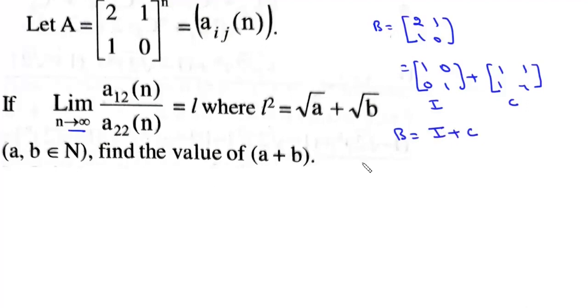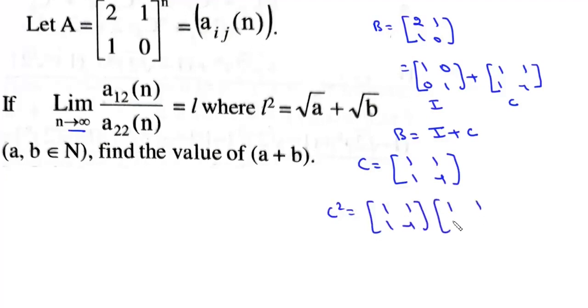So now we have this matrix C, which is [1 1; 1 -1]. Now we find C square, which will be [1 1; 1 -1] times [1 1; 1 -1]. Now we multiply. We'll get 2, 0, 0, and then 2. So C square is basically 2I.